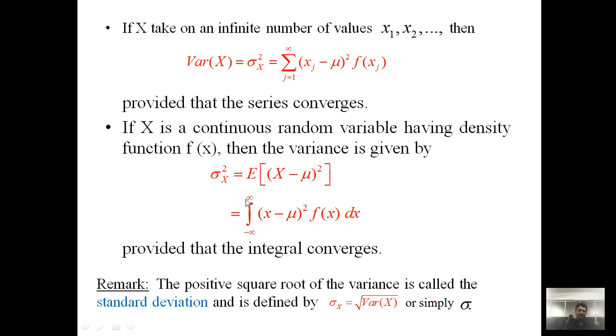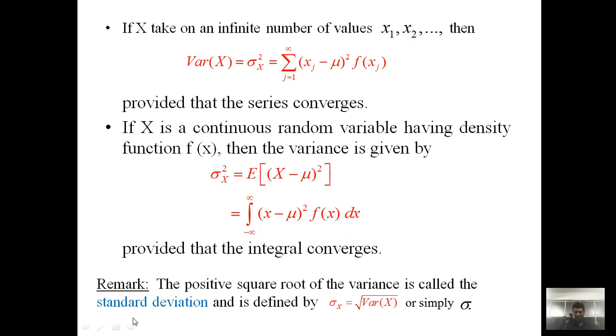Again it is an improper integral, covering the negative x-axis as well as the positive axis. So the variance exists provided the integral converges. So this is the variance.